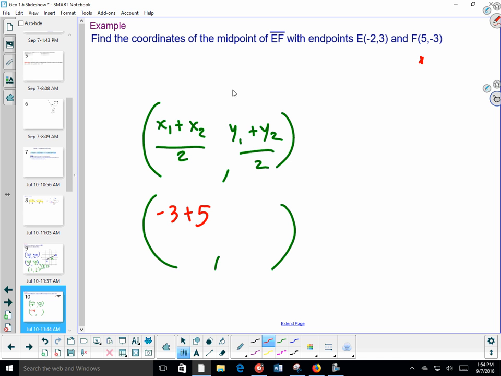And what else is x? I'll call this x2, y2, for example, and this x1, y1. So what are my x's that I'm adding? 5 and -2.